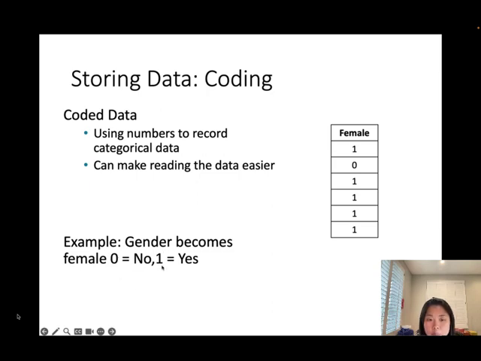When you put 1 means yes, you are female. Okay, so even though they're using numbers here, they are still categorical data. And it will be easier for the computer if you want to count how many of them are female. You could just sum all those numbers. Okay, this is called storing data, the coding.